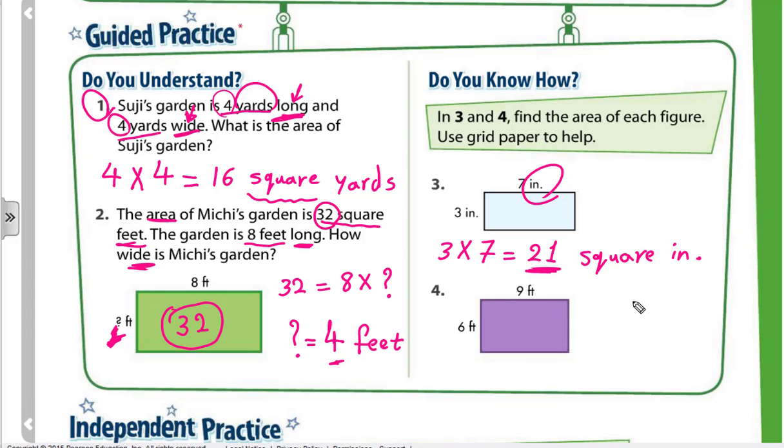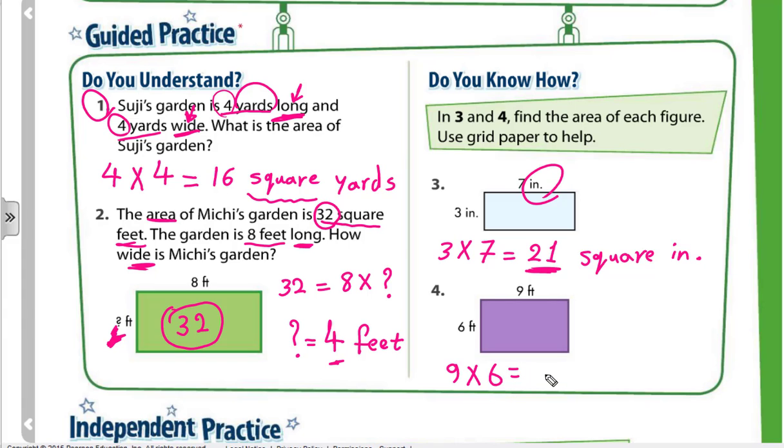Mohammed Shahab, go ahead. The next one. Times, not divide.